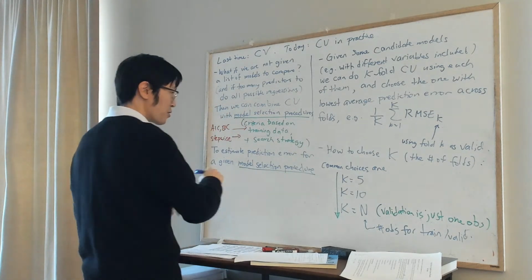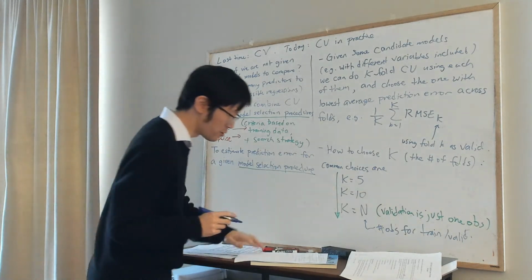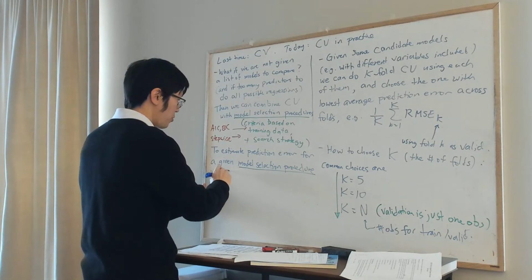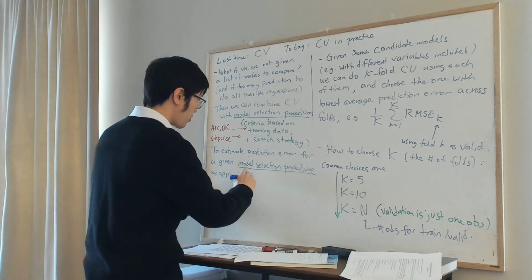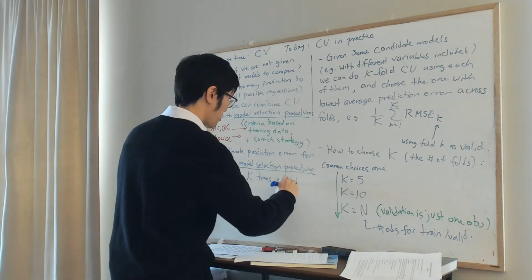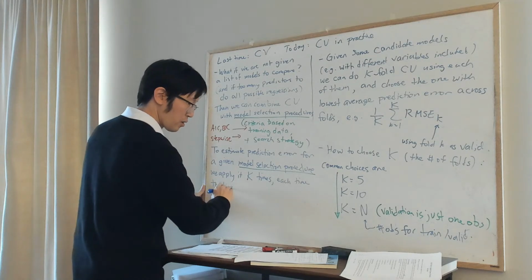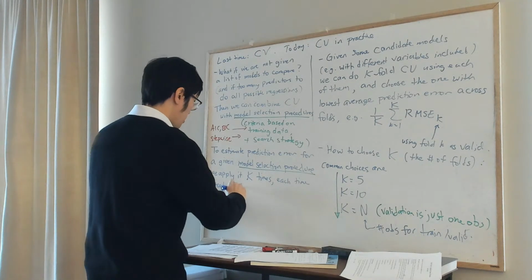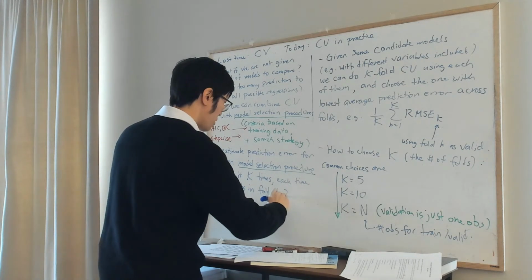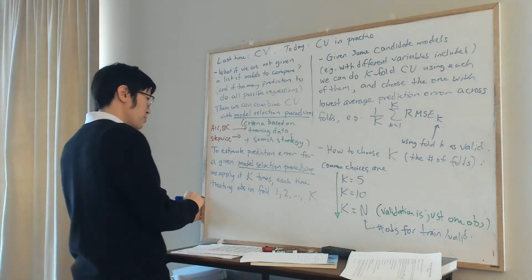I'm going to mimic that sentence, but apply it in the sense of using cross-validation to choose a model selection procedure. We apply it k times, once per fold, each time treating the observations in fold 1 up to k as the validation sample.